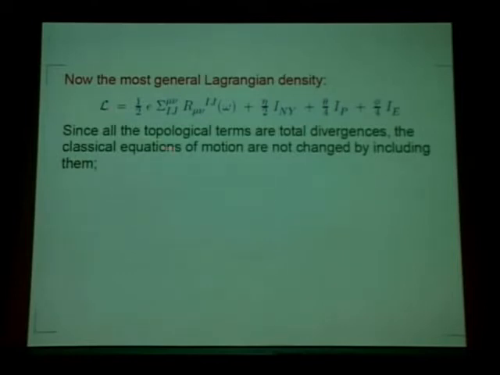And like we said earlier, since all these topological density terms are total divergences, the classical equations of motion are not changed by including them. So the equations of motion are independent of these coefficients eta, theta, and phi.